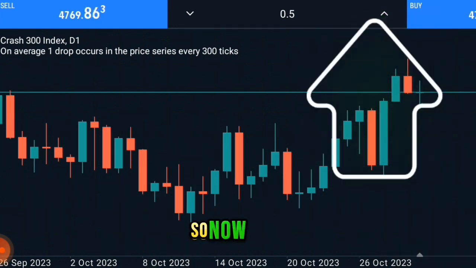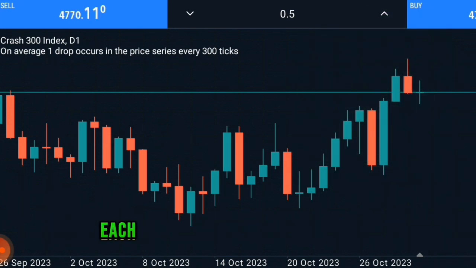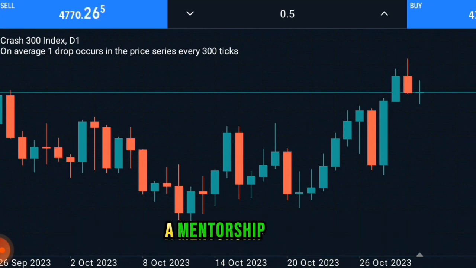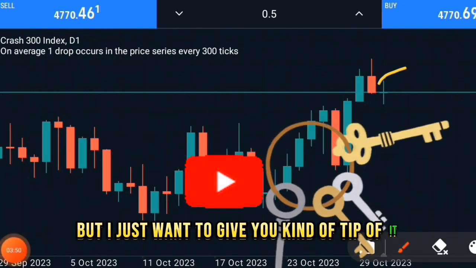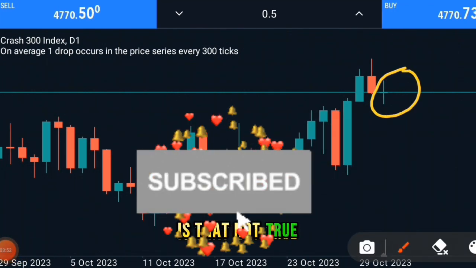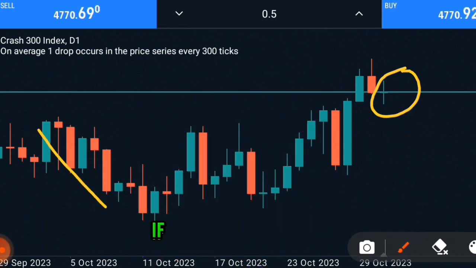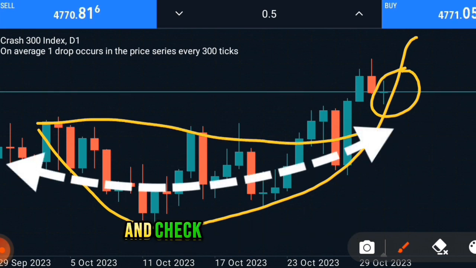So now, what are the things that you need to put into consideration each time you want to place a trade? Some of those things are widely explained in our mentorship class, but I just want to give you a tip of it. This is the candle. Is that not true? Yes. Now, what is the position of the candle? If you check from here, you will see something like this.